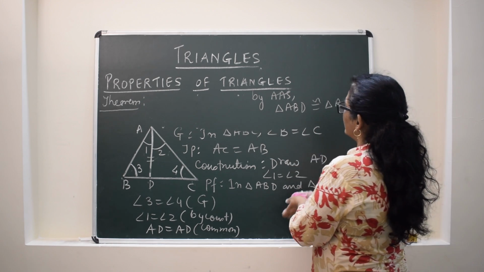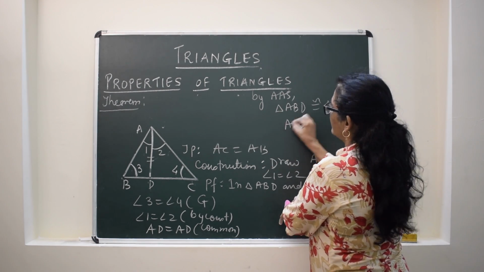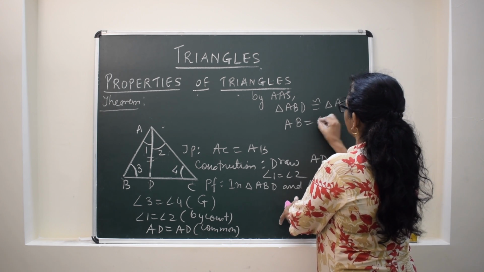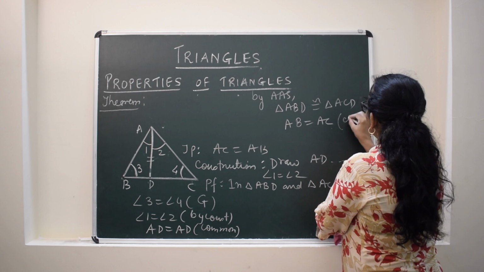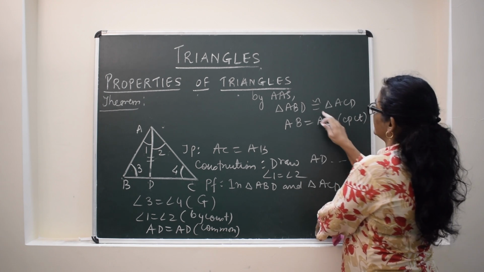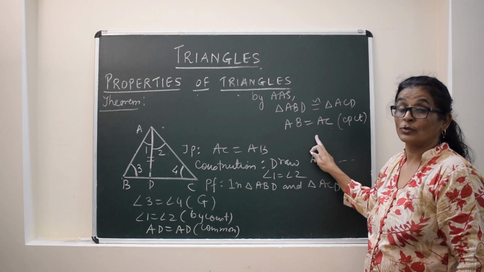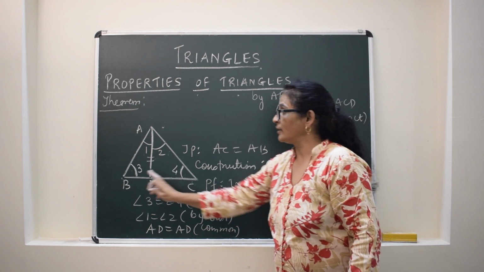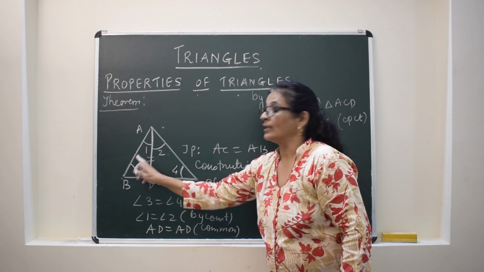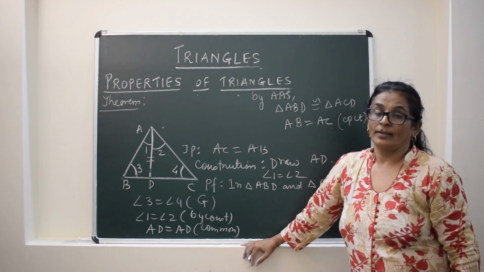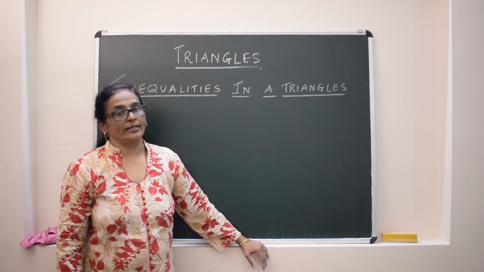So for this triangle ABD, what will we take? AB is equal to AC or AC is equal to AB. By what criteria? CPCT. Because once the triangles are equal and congruent, corresponding parts are equal. So what we have seen, if two angles of a triangle are given equal, then the sides opposite to them will also be equal. Now we will discuss inequalities in a triangle.